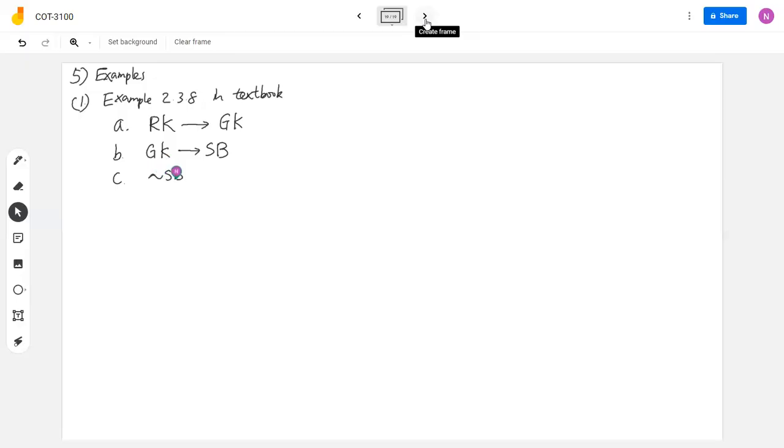And D is: I was reading the newspaper in the living room, or I was reading the newspaper in the kitchen. We would denote this by RL or RK.